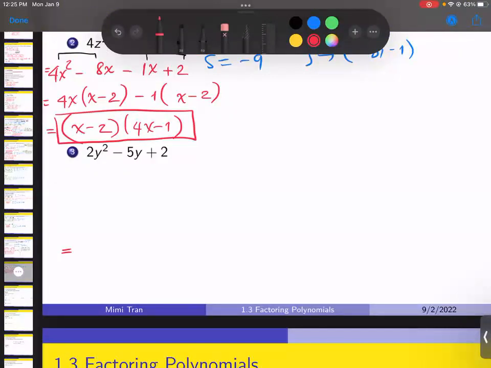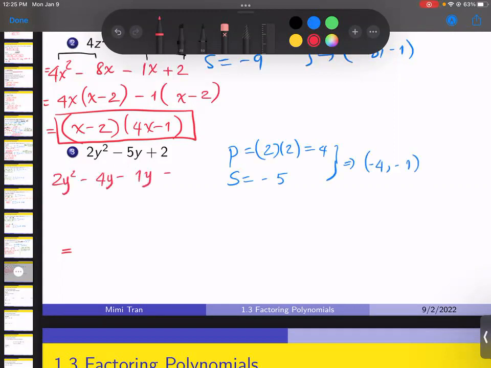2y minus 1, y minus 2. Okay, sorry. So product is 2 times 2, which is 4. Sum is negative 5. And the numbers will be negative 4, negative 1. 2y squared minus 4y minus 1y plus 2.